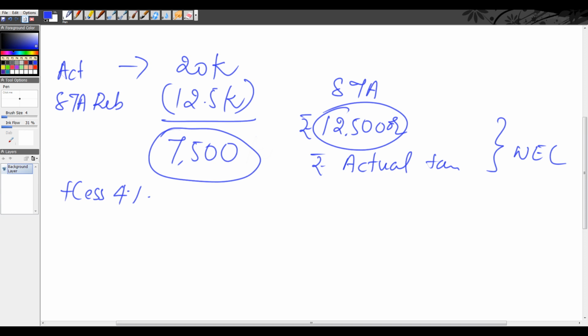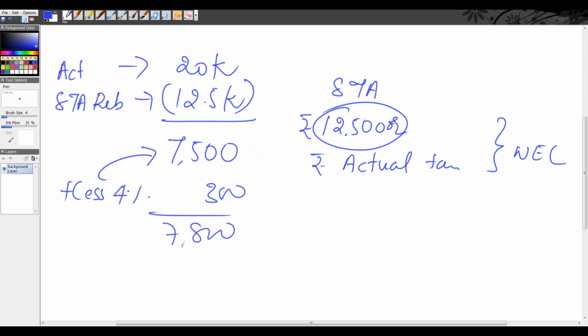Since we have 7,500 left over, even after considering a rebate of 12,500, we will have to apply cess on this leftover portion. So cess at 4% on 7,500 is 300 rupees. So 7,800 would be her tax liability, if at all she is eligible for rebate. I hope you understood this concept now.